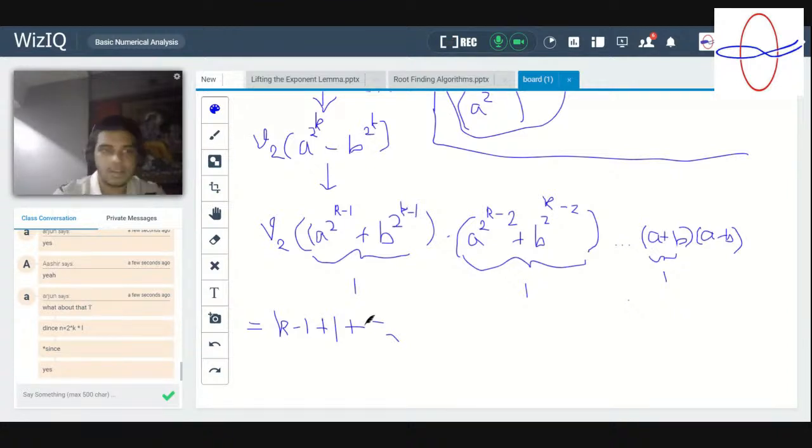Right. So this will just give you k plus v2 of a minus b, which is just v2 of n plus v2 of a minus b.